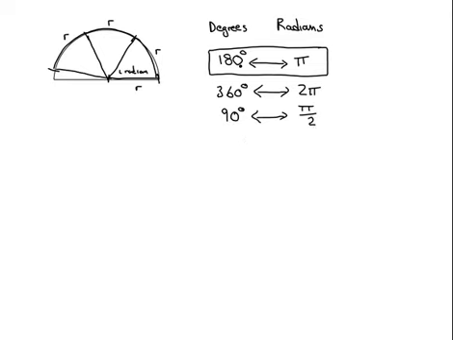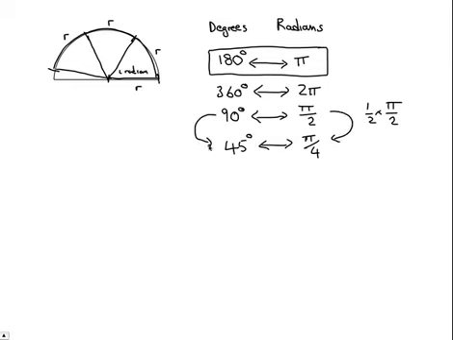Now, we can also divide this by 4, or this by 2, which is the same thing, to get 45 degrees. Dividing this by 4, pi upon 4, or dividing this by 2, a half of pi upon 2 is pi upon 4, okay?